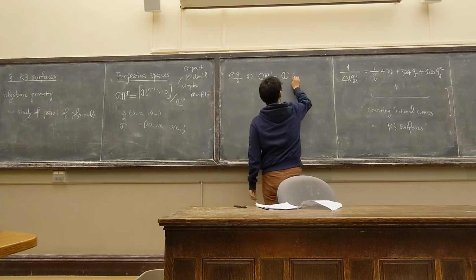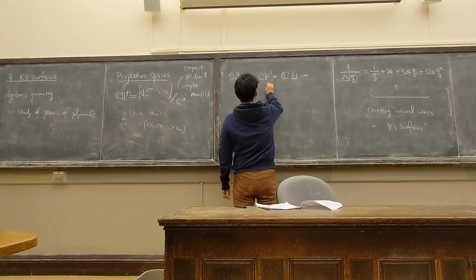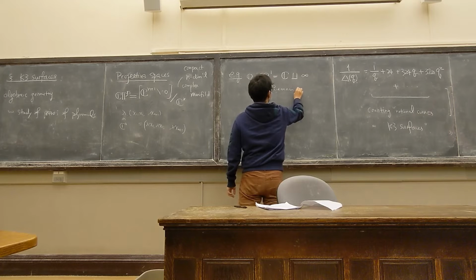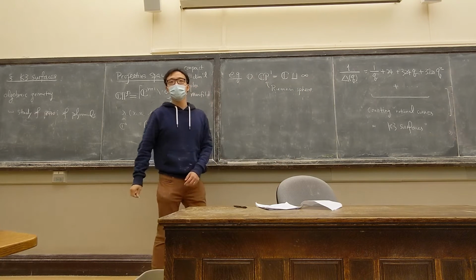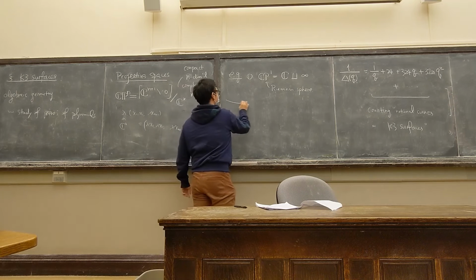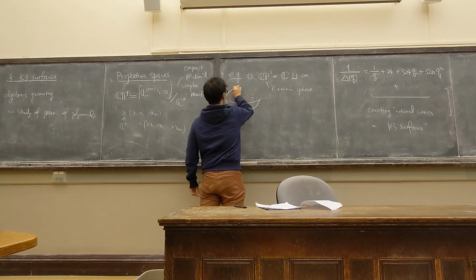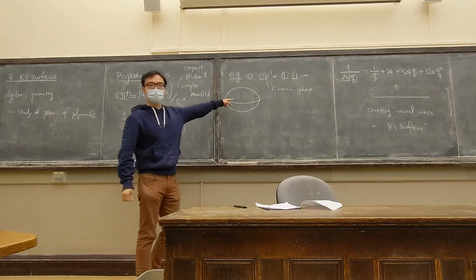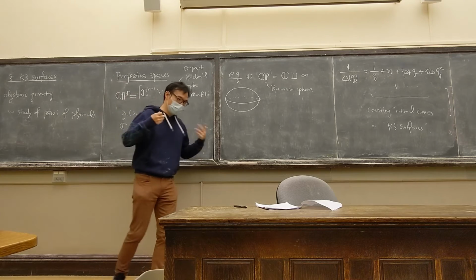So this is a one-point compactification of the complex plane, which is called the Riemann sphere. So the real picture of it is something like this, the geometry of the space is of this kind. You have a complex plane, add one point, wrap it up.